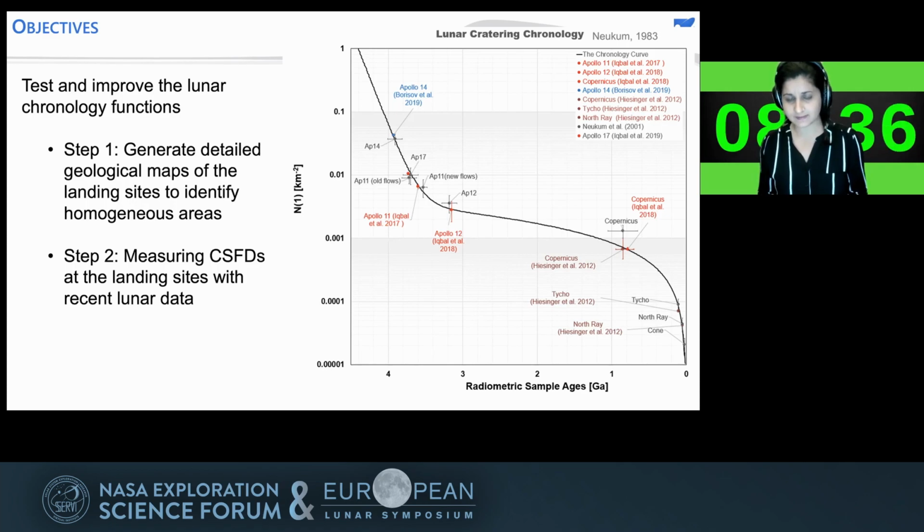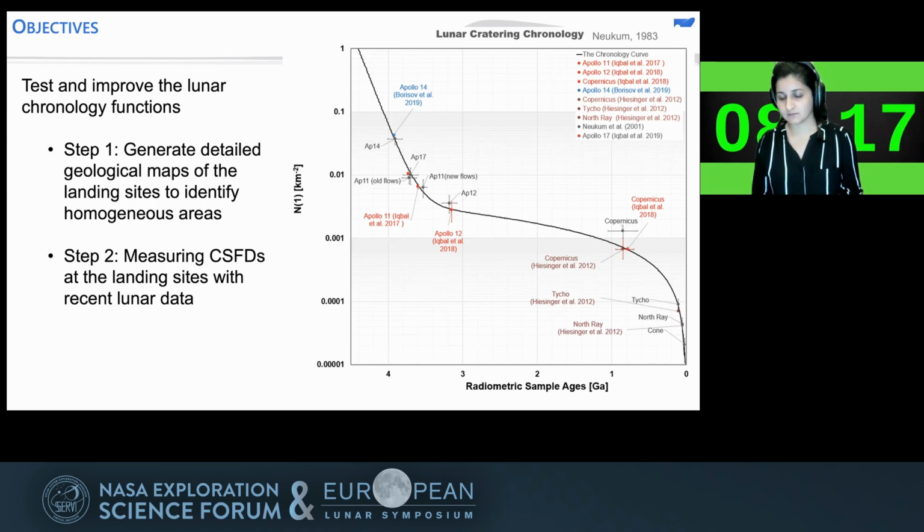In general, this number represents the crater density of a certain geological unit for a certain range of diameter, in this case 1 kilometer. On the x-axis, you see time in billion years, and this time is normally taken from isotopic ages of the samples.